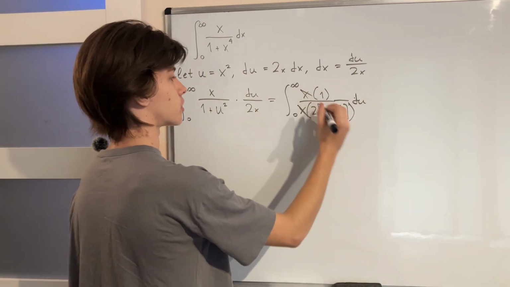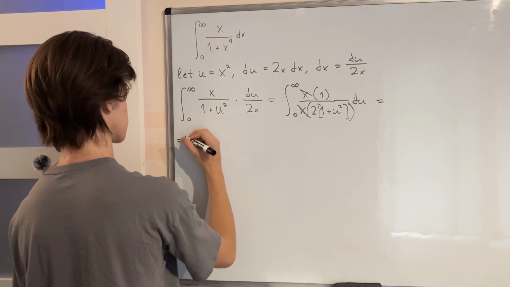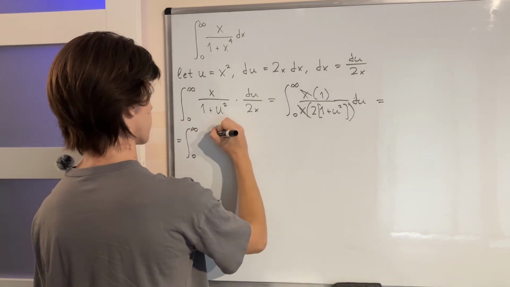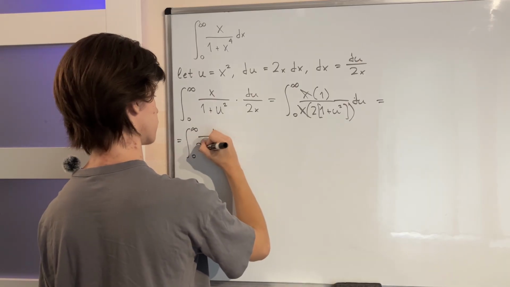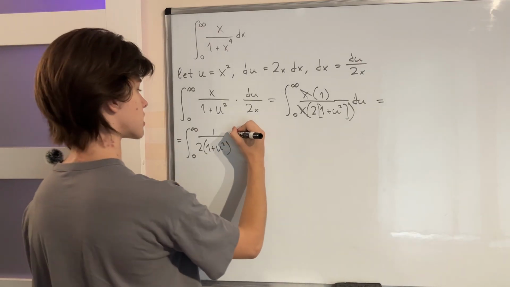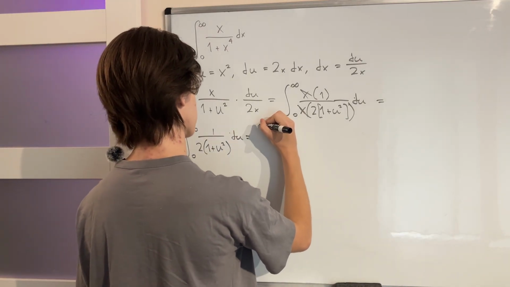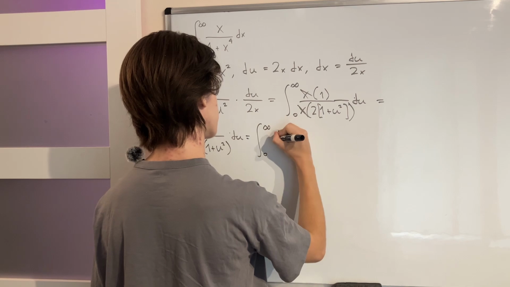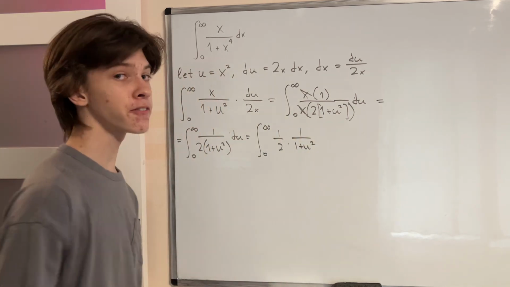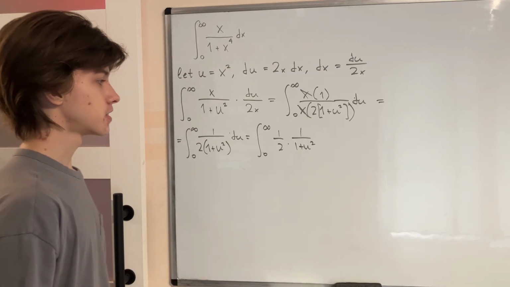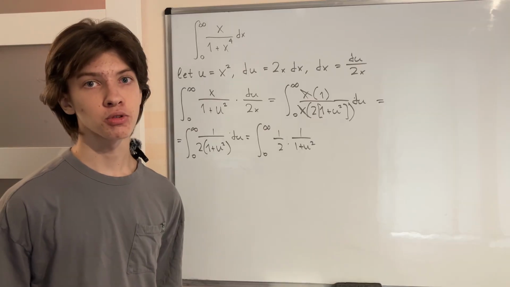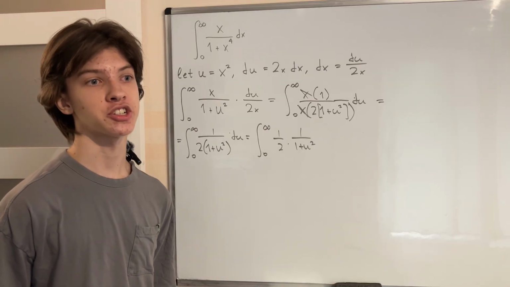And so these x's are simply removed, and we can simply solve an integral in terms of u, which will be 1 over 2 times 1 plus u squared. Why am I not opening this bracket yet? Because we can write this as the integral of 1/2 times 1 over 1 plus u squared, simply factoring out the 1/2. Now the 1/2 is a constant, and the integral of 1 over 1 plus u squared, you should notice, is equal to the arctangent, or the inverse tangent function.